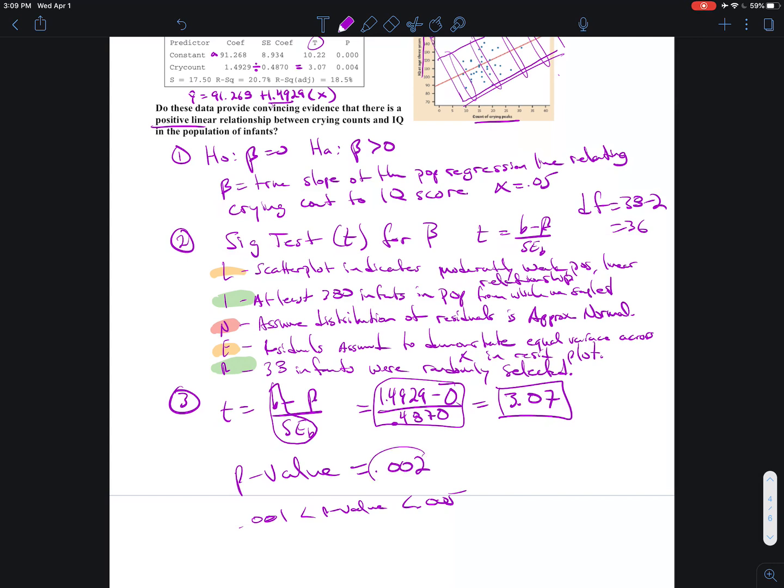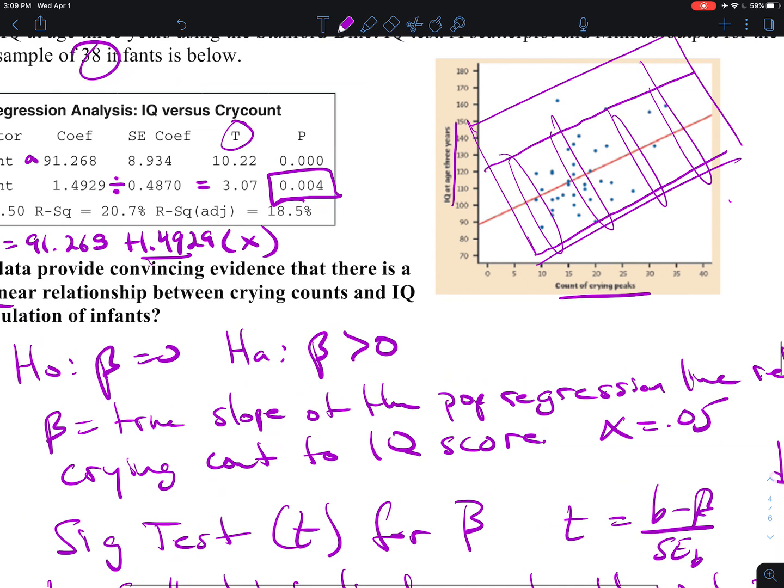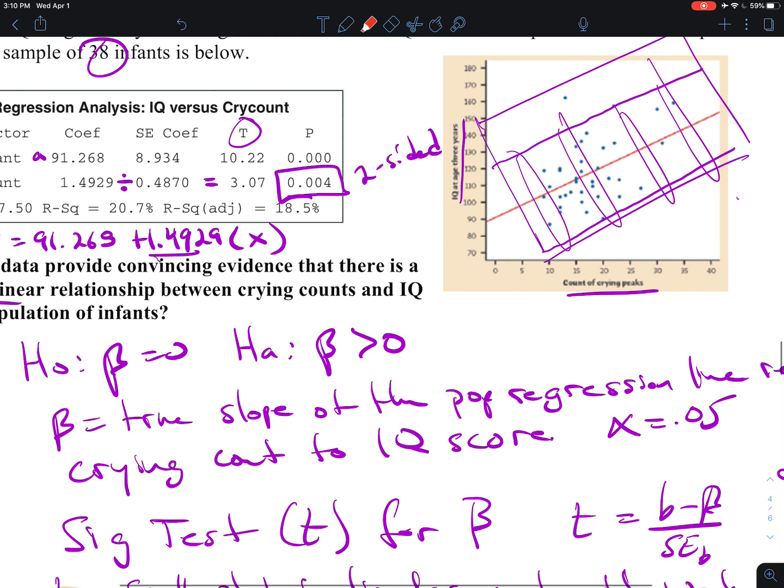You could come up with this one from the calculator, or you'll notice that it gives you a p-value in the computer output. The thing to be aware of is that this p-value is for two-sided. And that's always what the computer output is going to give you, the two-sided p-value. Our problem, though, was one-sided.